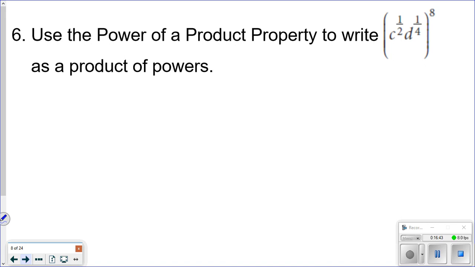Okay, try question 6 in your book. Don't let the fractions scare you. Use your calculator to help. Distribute and multiply.